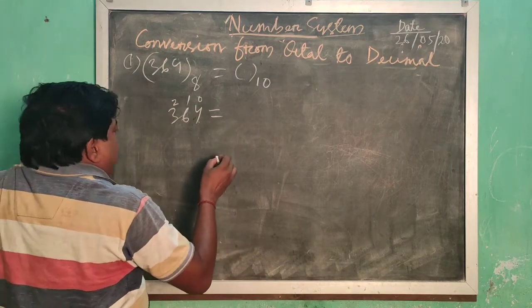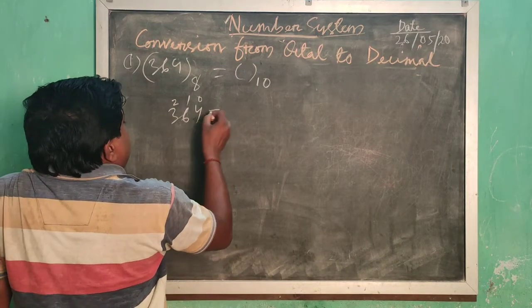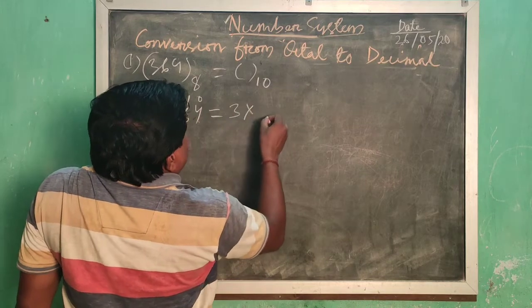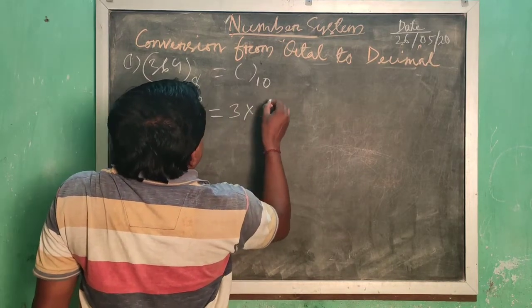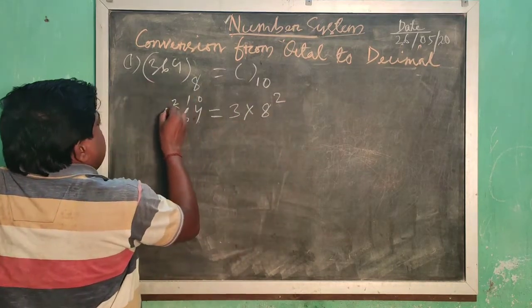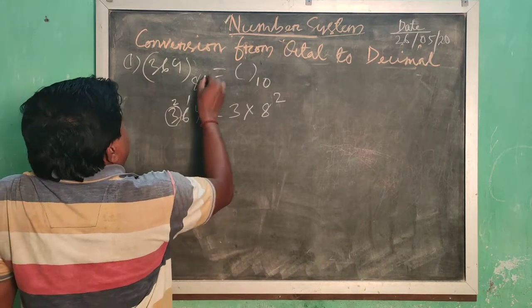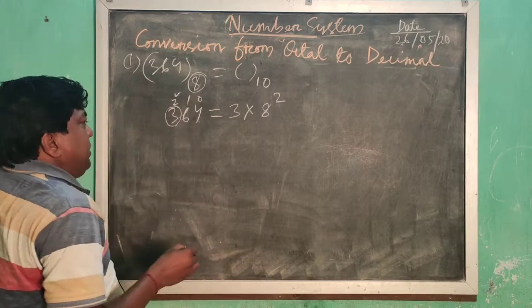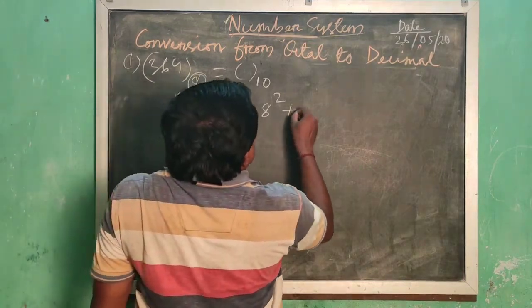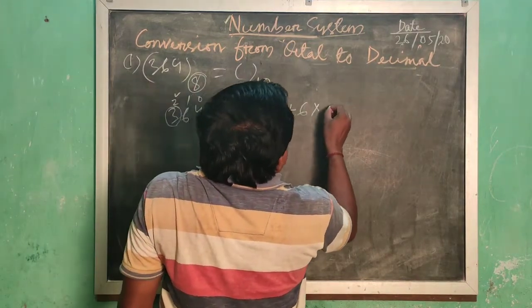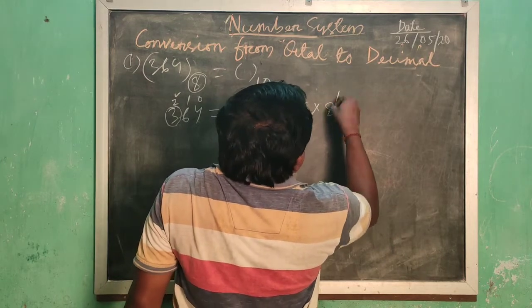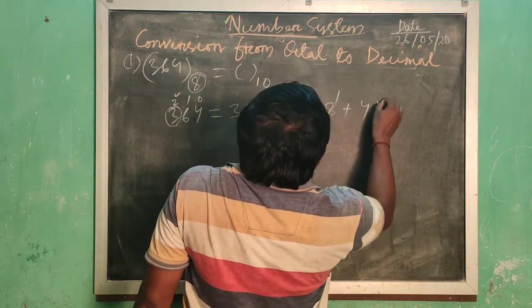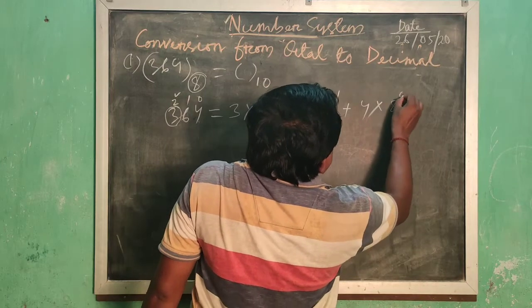Then after that you write digit into base of octal to the power place value. This one, 3 into base of octal means it will be 8 to the power place value, it will be 2, plus 6 into 8 to the power 1 plus 4 into 8 to the power 0.